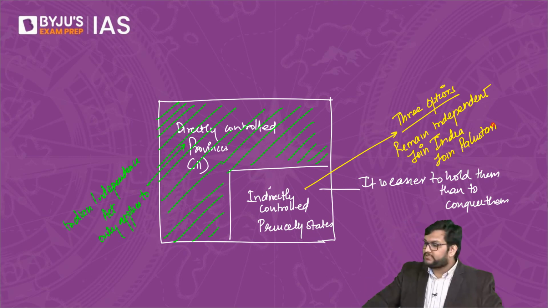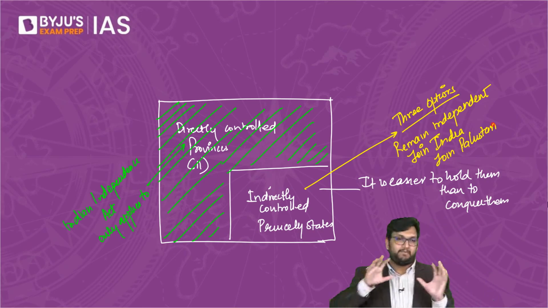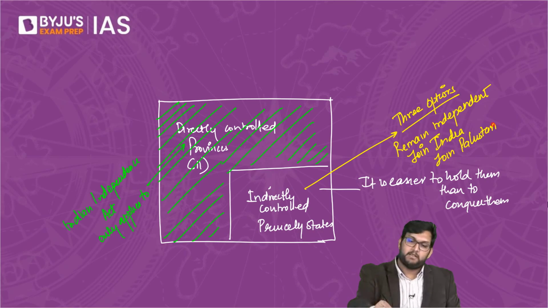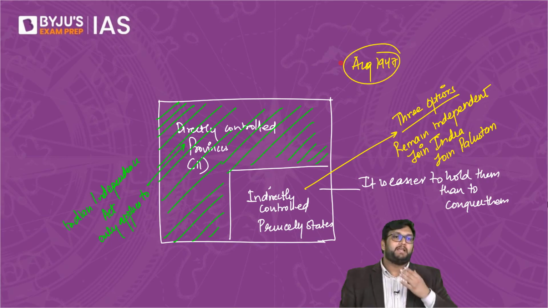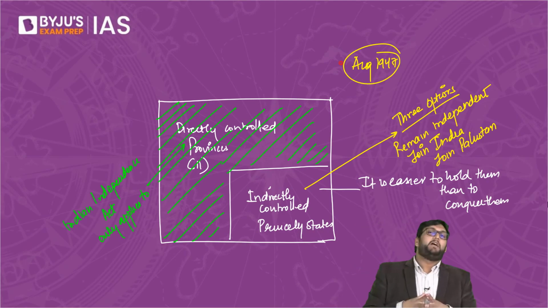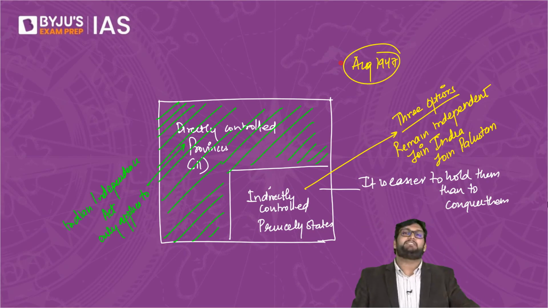Now this is the problem which Patel has. Please, I'm trying to consolidate this area. I am discussing with you paramountcy because at the moment of independence, in August of 1947, there's an issue: the Indian Independence Act, the act which is passed by the British, only gives 11 provinces.